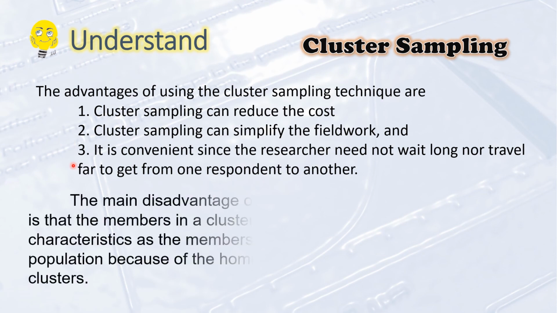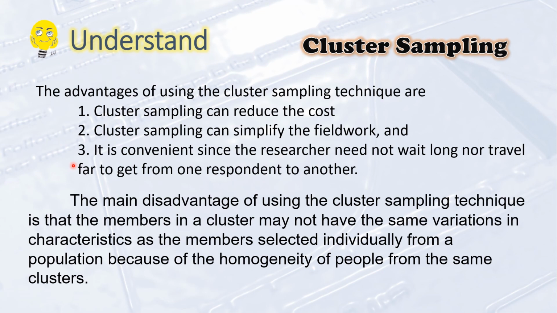The main disadvantage of using the cluster or area sampling technique is that the members in a cluster may not have the same variations in characteristics as the members selected individually from a population because of the homogeneity of people from the same clusters.